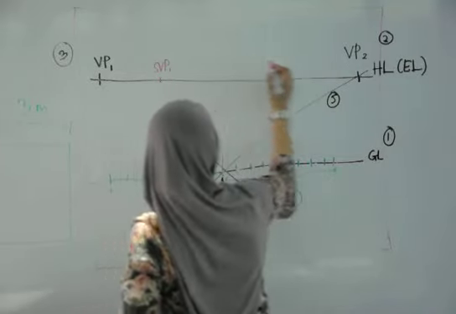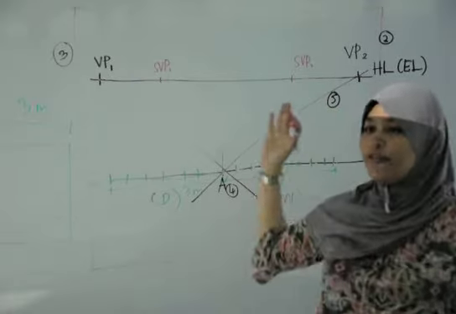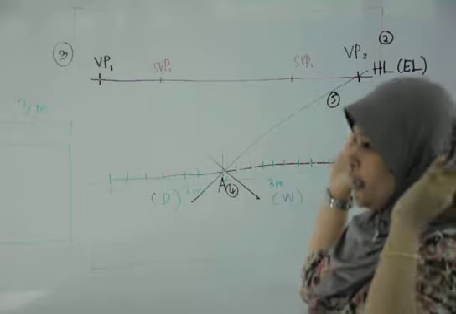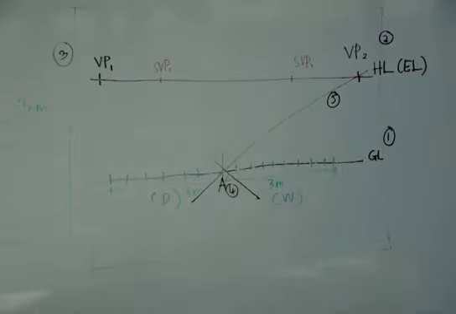SVP1, SVP2. The location is up to you, but you have to put it in between of the vanishing point. Okay? You just indicate in between. But it has to be on the ground, on the horizon line.